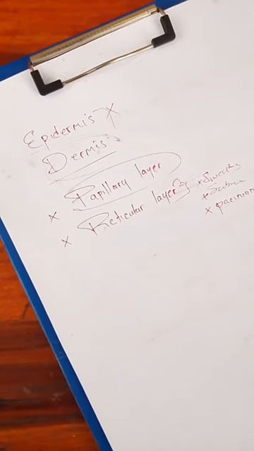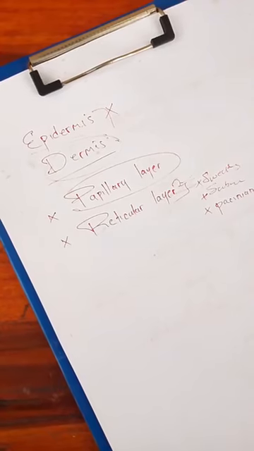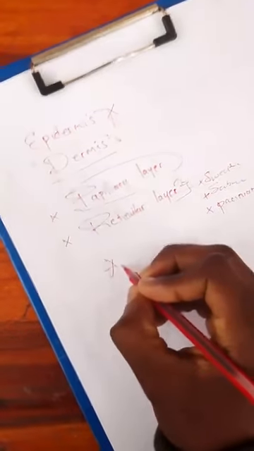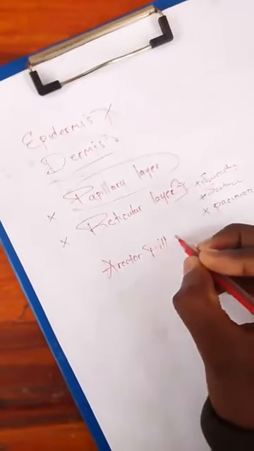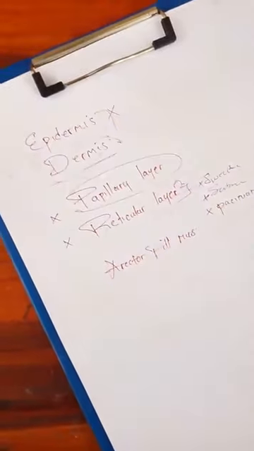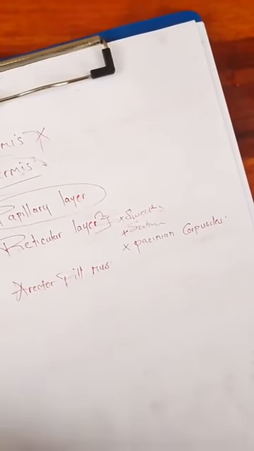Then the reticular layer has a special type of small muscles known as arrector pili muscles. These muscles are the ones responsible for the formation of goosebumps. You know goosebumps, like when you feel cold.